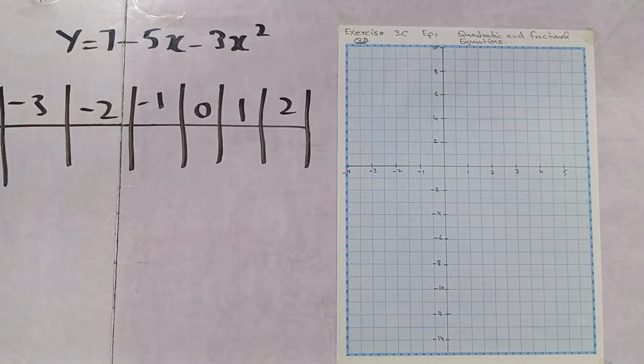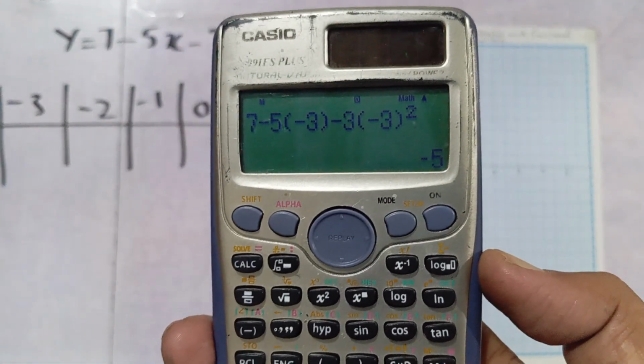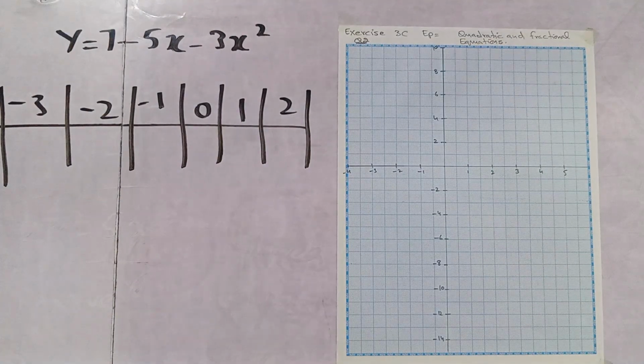So 7 minus 5 bracket minus 3 bracket close, minus 3 bracket minus 3 bracket close square, and equals. This is what I have entered on my calculator, and when x is minus 3, y will be minus 5. Now we will see what the value of y is when x is minus 2.